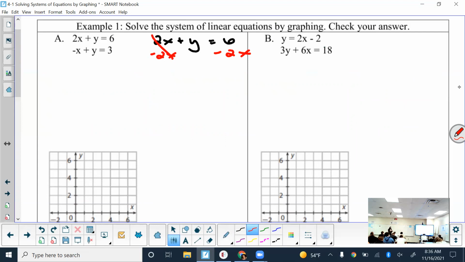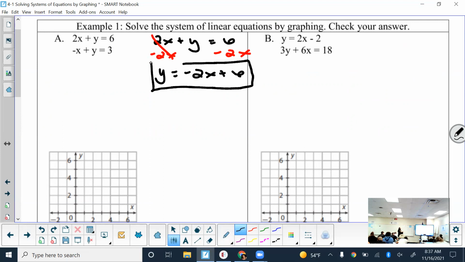Prepare us for this right now. All right, so we subtract 2x from each side, and my equation in slope-intercept form is... Good. I'm going to box it up. It's not my answer. But I'm going to box it up or highlight it so I know that this I need to graph.